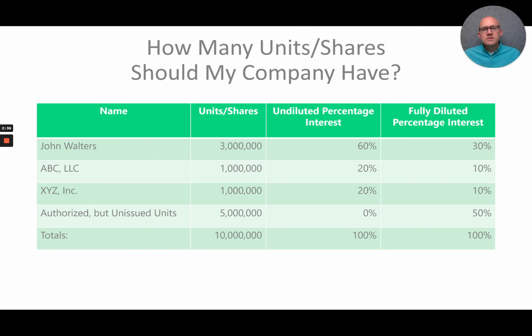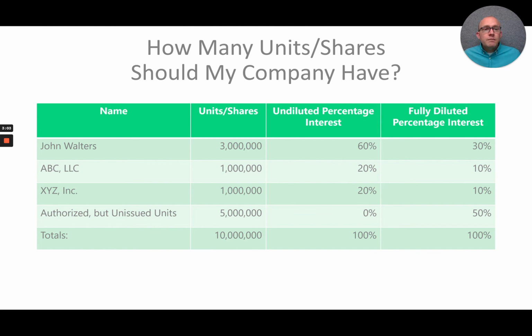And so like I was saying, if you have John Walters here with 3 million shares, but then you want to give an employee from the authorized and issued units or shares pool 100 units, which would be a tiny overall percentage, then having a large number like 10 million is really great.